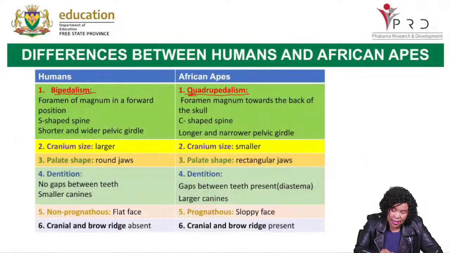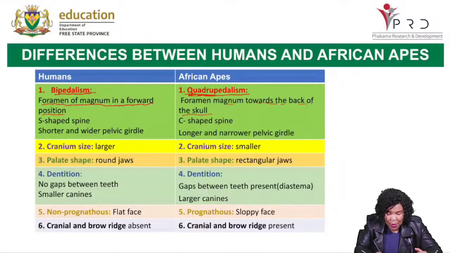So what makes the humans able to have this bipedalism? It is because of the position of the foramen magnum. So you're going to say the difference is that in humans, the foramen magnum is in a forward position. But in apes, the foramen magnum is towards the back of the skull. And this is what makes them quadrupedal.